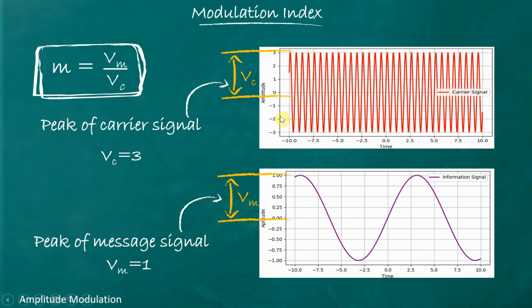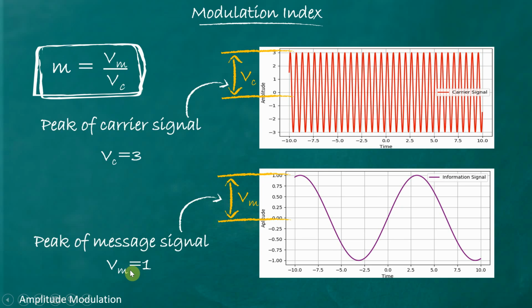So see, in the form of waveforms, the high frequency carrier signal is given, so its peak amplitude is Vc. In the modulating signal or baseband signal, information signal, the peak amplitude is Vm. So from waveforms of modulating signal and carrier signal, you should be able to find out Vm and Vc, and from Vm and Vc, you should be able to find out the ratio. m is equal to Vm upon Vc.